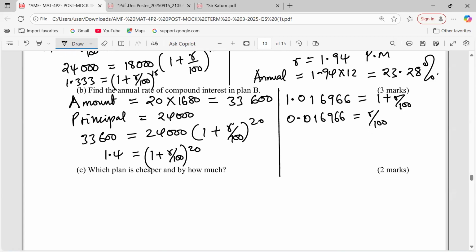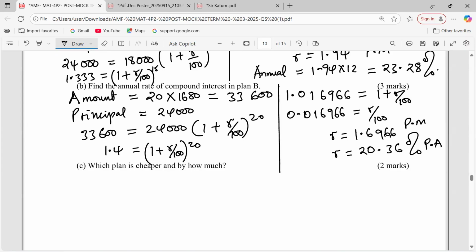How will you remain with R? We multiply through by 100 to give you 1.6966. Then the rate per annum, we multiply by 12. This gives us 20.36%, and this is now per annum. This was per month, so we are supposed to arrive at the answer per annum.